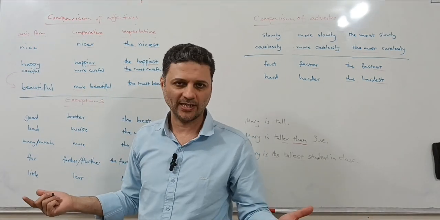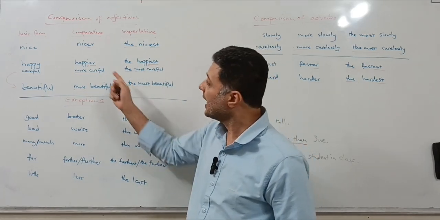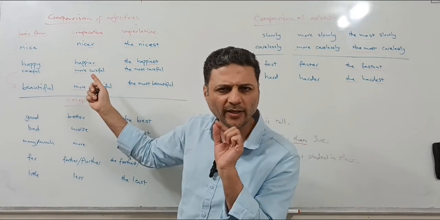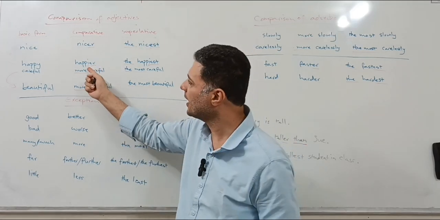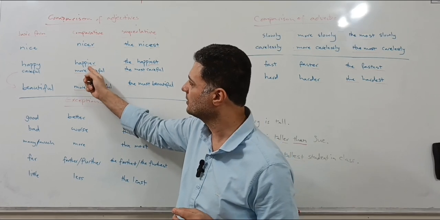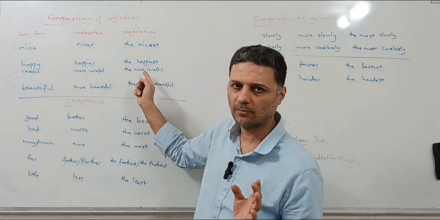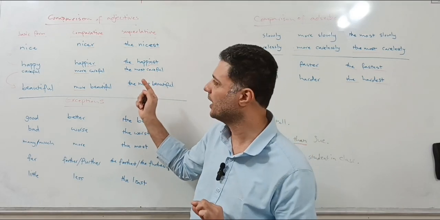It's very easy now, right? So we say happier, the happiest. Happier, well, what happens to y? Y changes into i, I underline it double times, as you can see. So happier and the happiest, the same thing applies. Y changes into i.